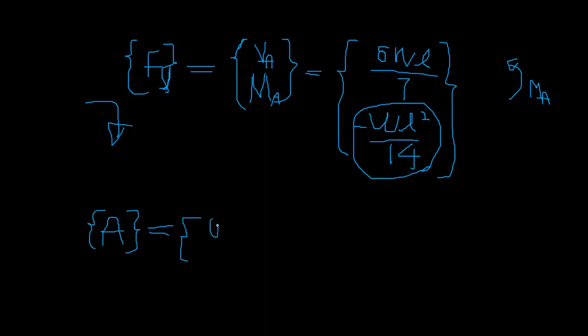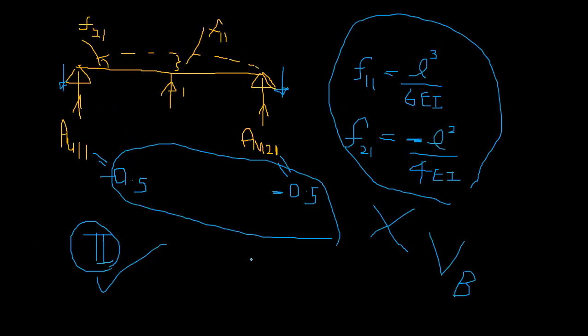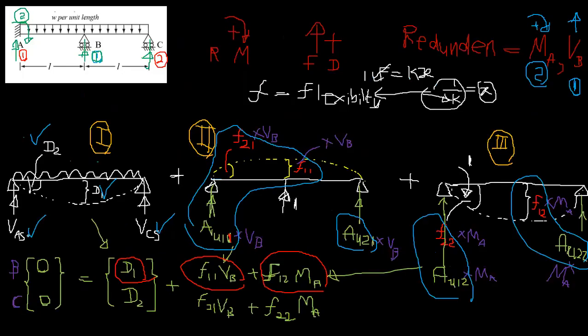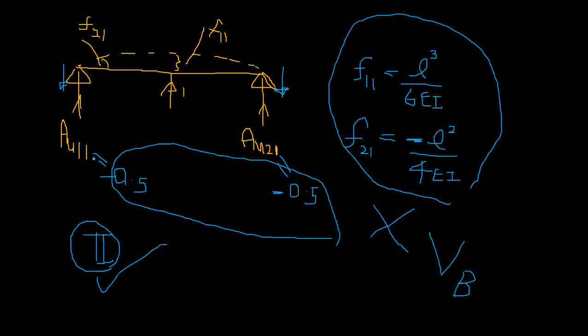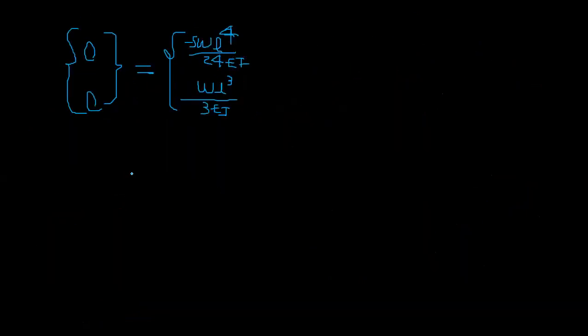So you know the actions in the primary structure, WL and WL, and the action unit, so it is 0.5 here. You know this WL. Now you need to multiply this by BB, and that was taken by the matrix. So AU1 and AU2. From the second one it is minus 0.5 and minus 0.5, right?